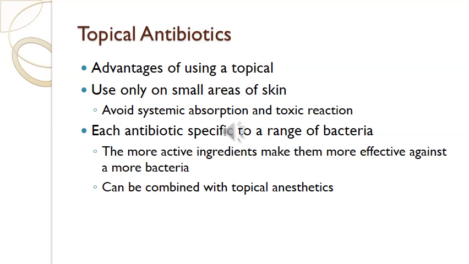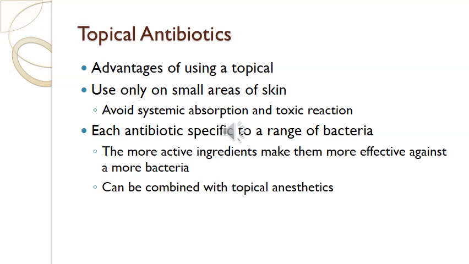Every antibiotic, just as with the oral antibiotics, has a specific range of bacteria that can be treated. So the more active ingredients they have, the more effective they are against a wider range of bacteria. And this is a lot of the reason why one of the more popular types of topical antibiotics is what is referred to as a triple antibiotic.